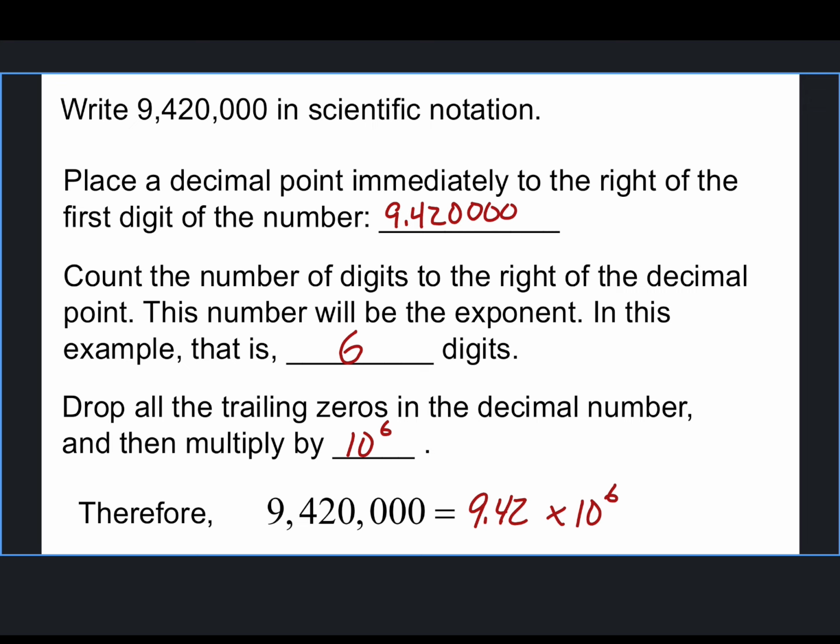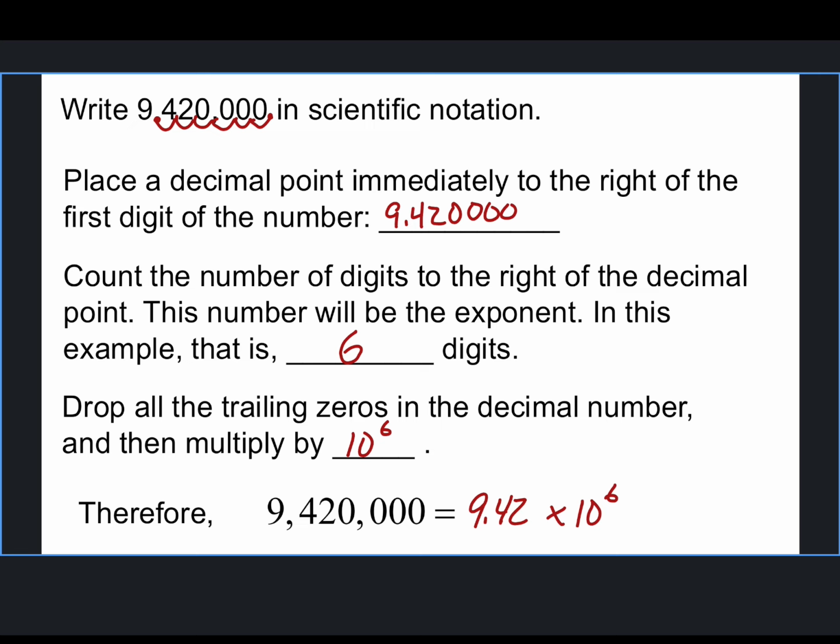So another way to think of this is, when we start with 9,420,000, where is the decimal? It's right here, isn't it? If you move it to be in this position, you would have to move it 1, 2, 3, 4, 5, 6 times. That's another way to do it, and it's actually the way that I would prefer to do it, which is perfectly fine.